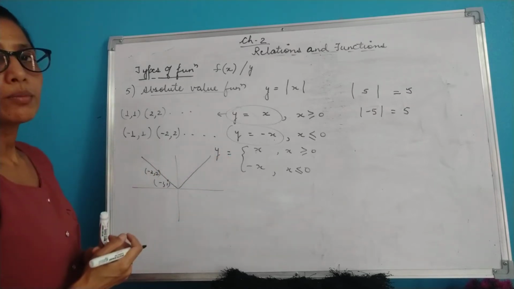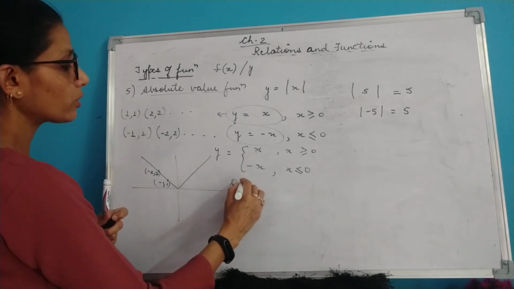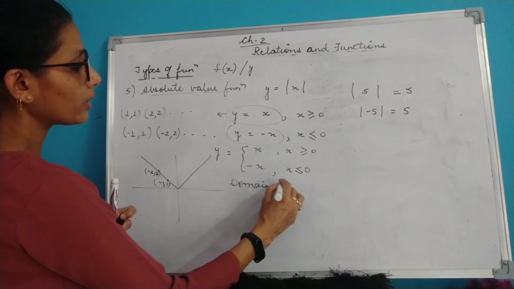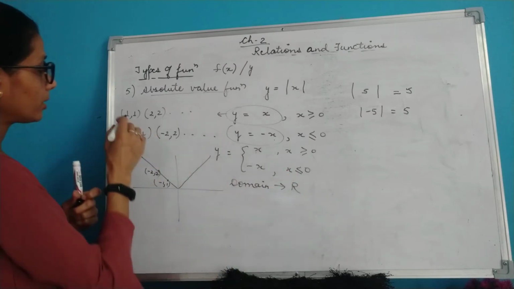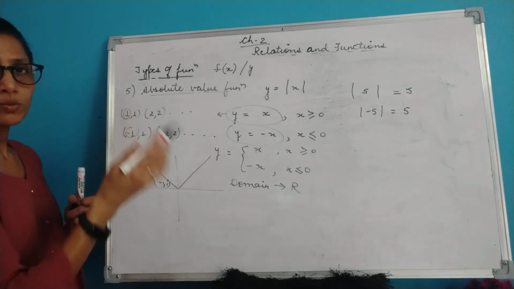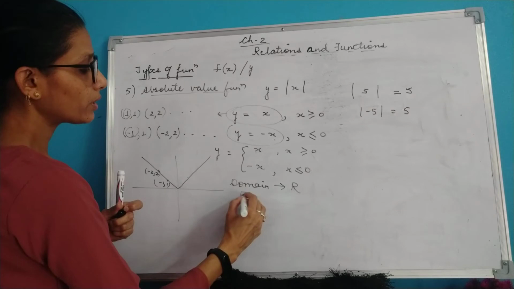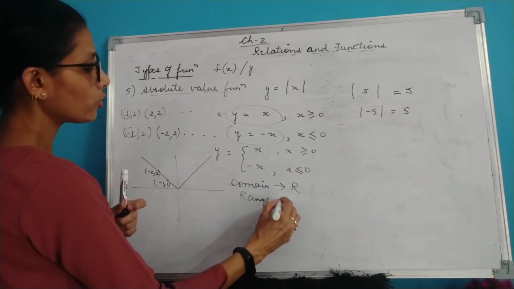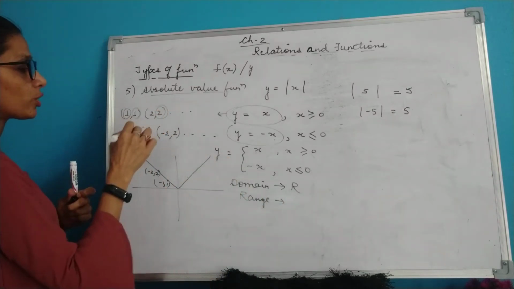What can you say about the domain and range? Here you can see the domain can take any real number. Here it can be 1, it can be -1, -2, any real number. But for the range, you see here, you are getting the range as positive values.